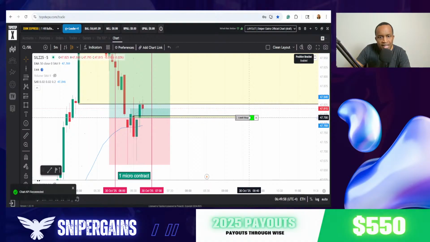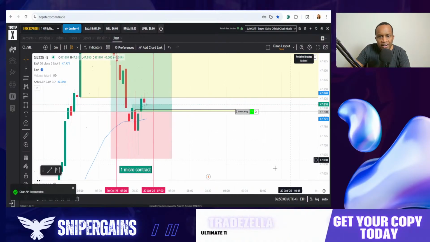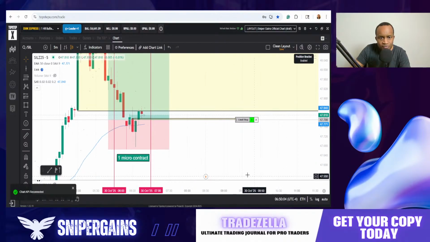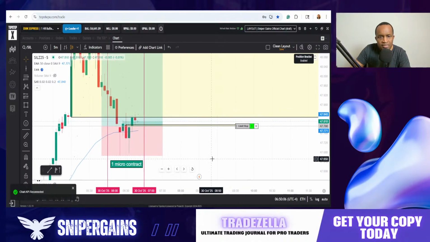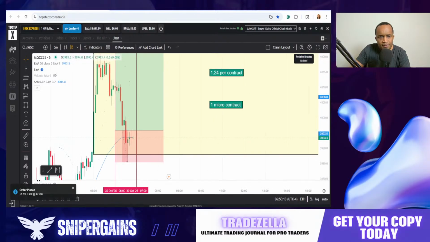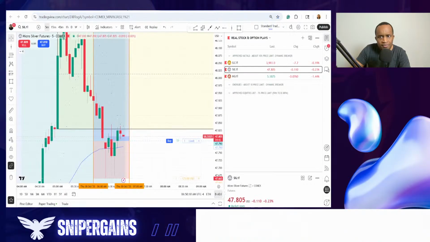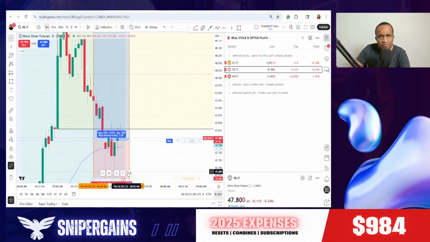There we go. That's a valid one. So this is going to be an aggressive entry. SIL to the long side. What I'm risking is about like I think like 125. Right, a 125 plus 204.